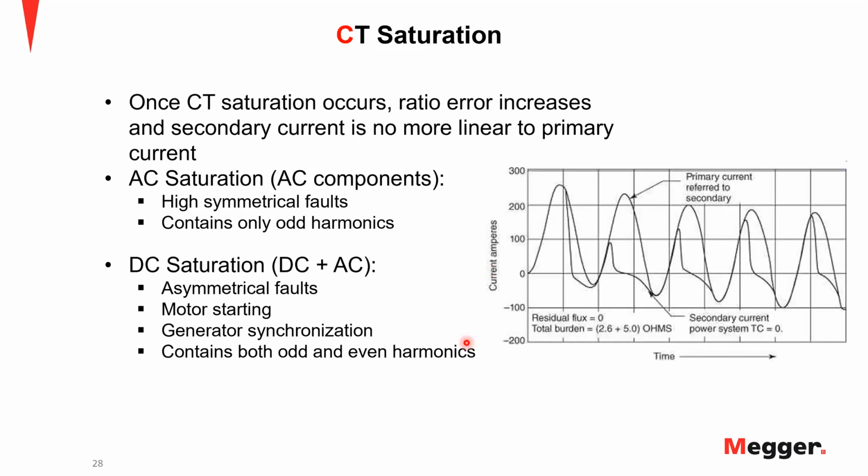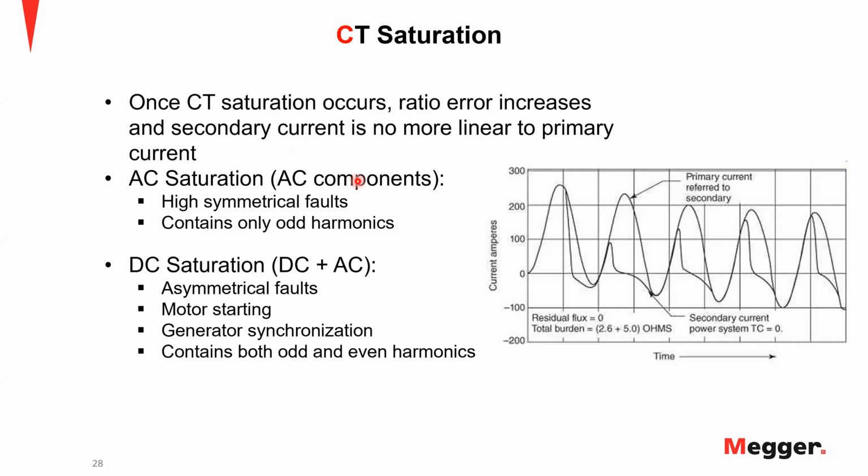CT saturation. Yeah, we have come across this many times in our careers, usually in the protection field especially. So when CT saturation happens, we know that the secondary current is no longer linear to the primary current, right?